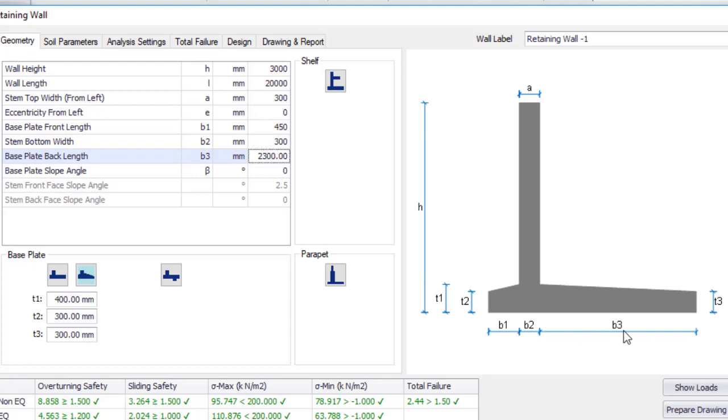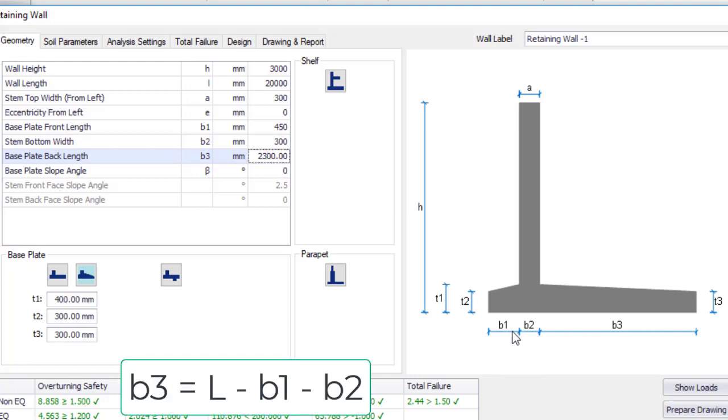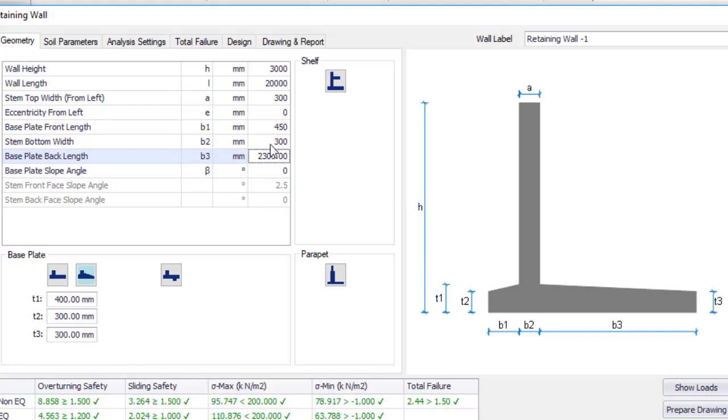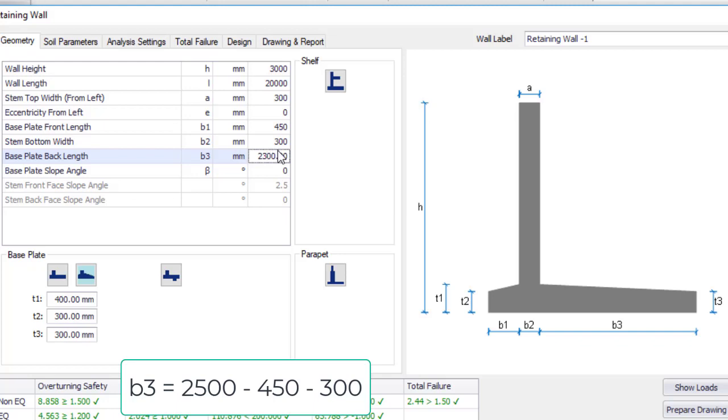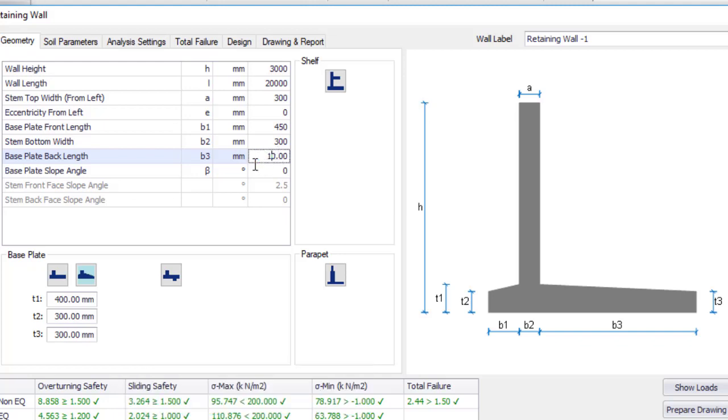You know, back length is B3, but I want the overall length to be 2.5. So I'll just say 2.5 minus B2 minus B1, right? So that'll be 2.5 minus 300 minus 450. Okay, so that will make my back length 1750.